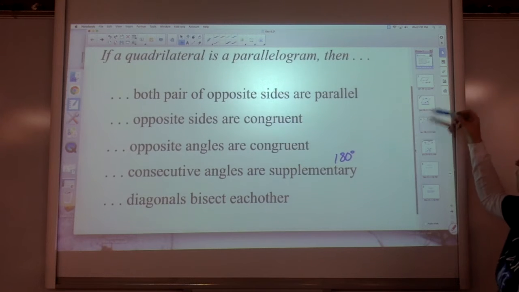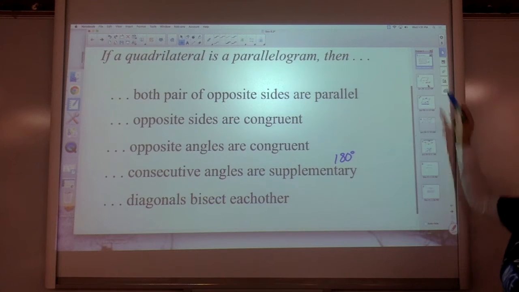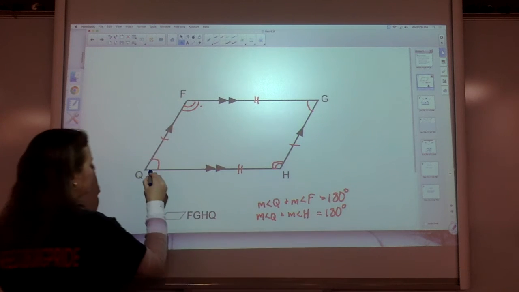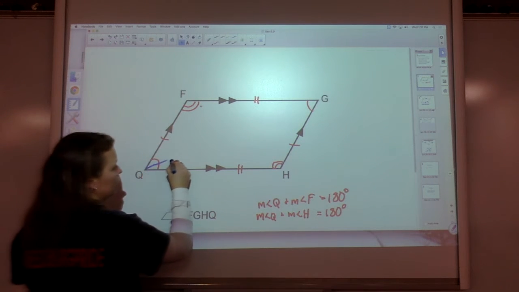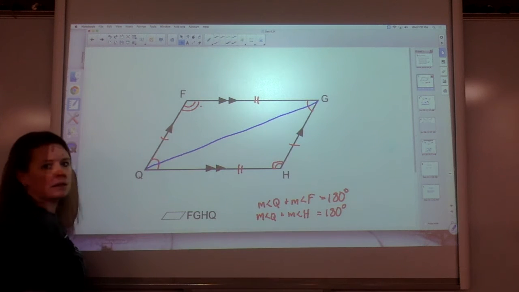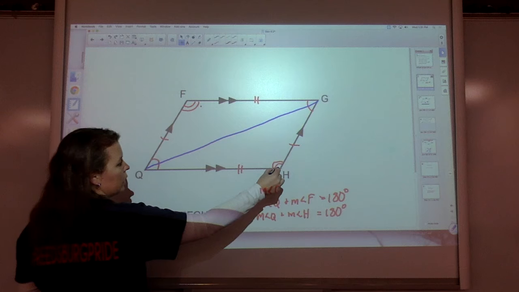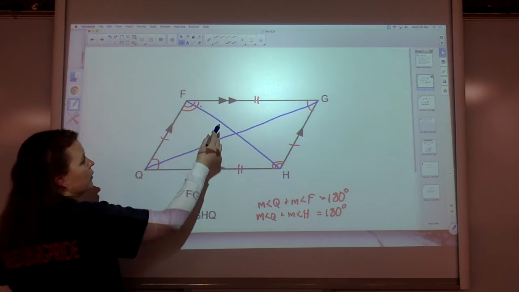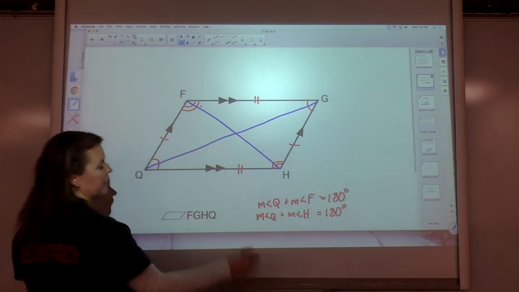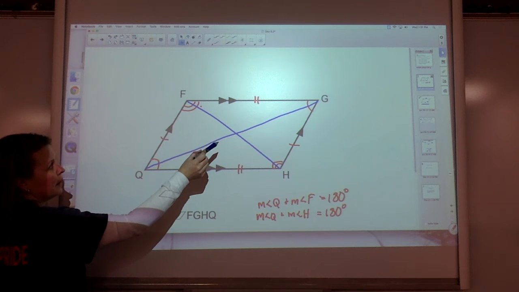That's 4. The 5th one, diagonals bisect each other. It's basically telling you that a diagonal from Q to G, if you draw one diagonal, that doesn't do anything. But if you draw the other diagonal, even though these diagonals are not the same size, you can be told that they bisect each other.